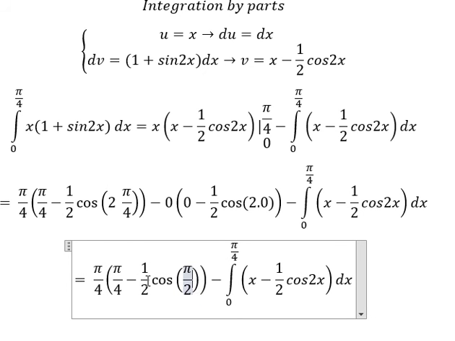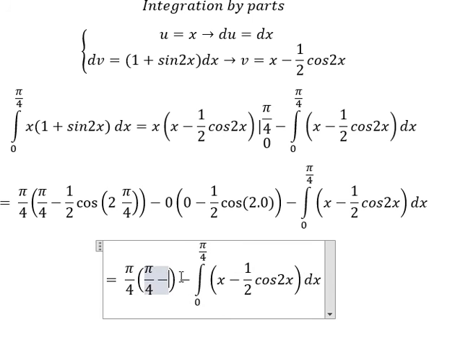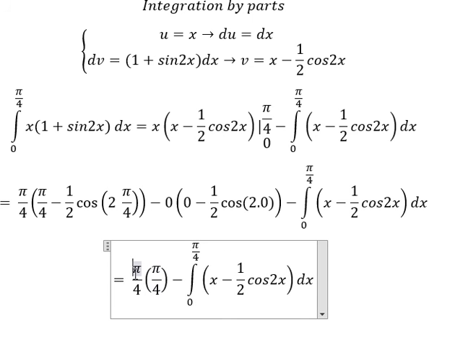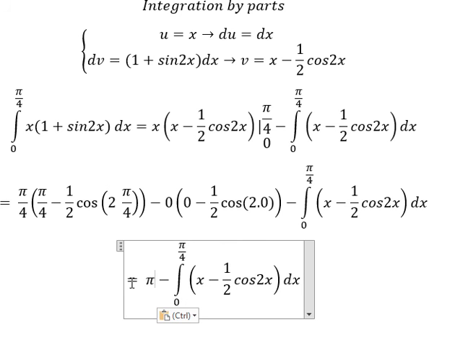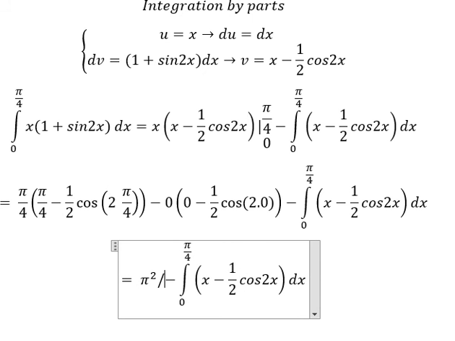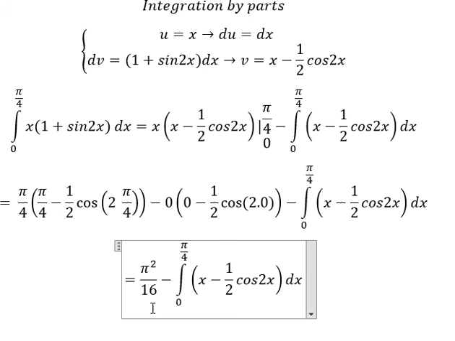So cosine pi over 2, you get 0. Now we just have pi over 4 with pi over 4, and that's pi squared over 16.